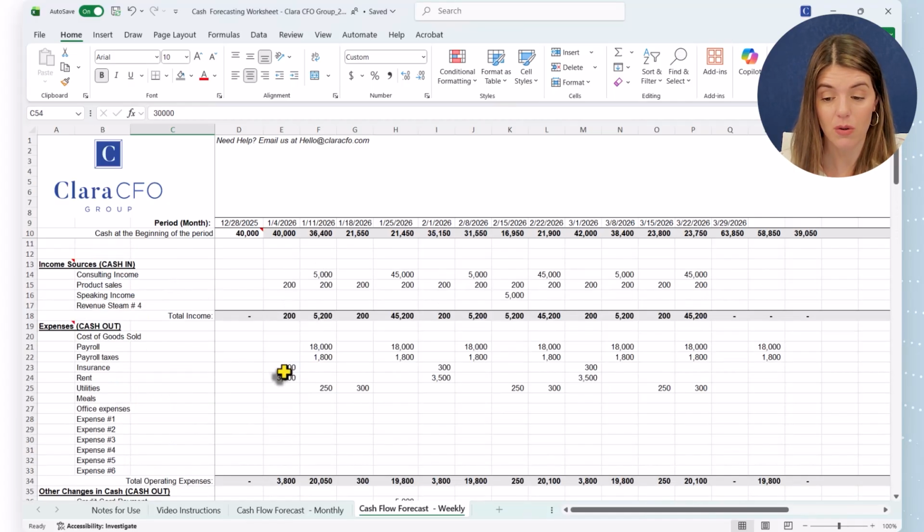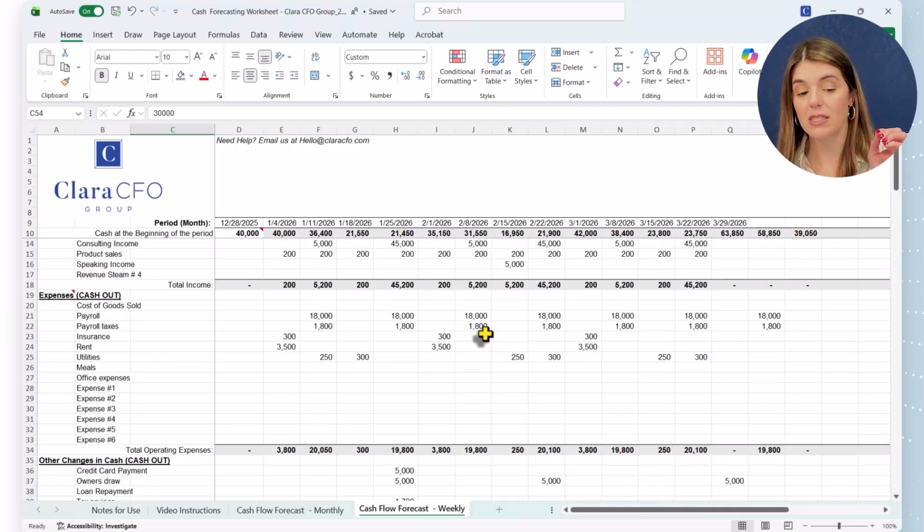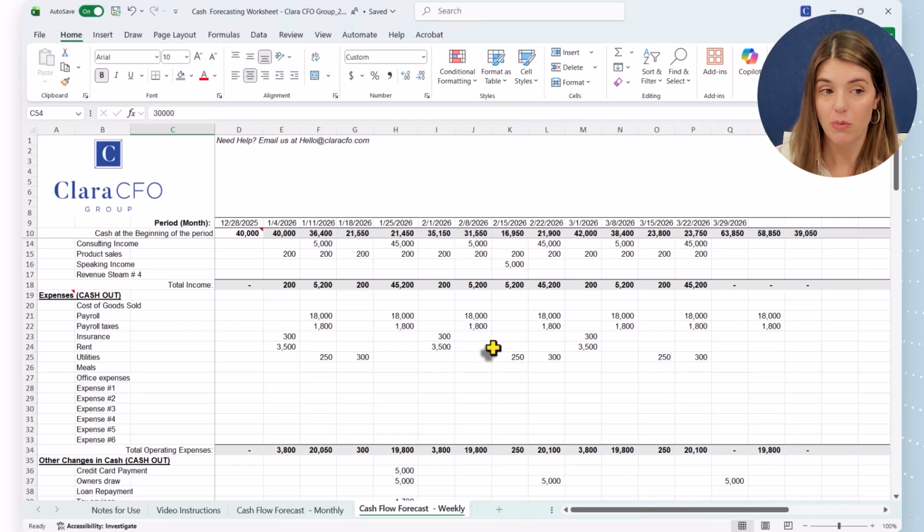Okay, well, that is the weekly cash flow, and hopefully that is helpful to you. I can definitely see how it's really helpful to think about this week by week. Now, once you build up your cash buffer and maybe have a couple months of operating cash in your bank account, where you're not having to be hyper vigilant on the timing of your expenses, where you can just say, hey, we know we're going to bring in a certain amount in the month and we know we're going to spend a certain amount, we don't really need to worry too much about the exact day it gets taken out of the account because you have that buffer in place.